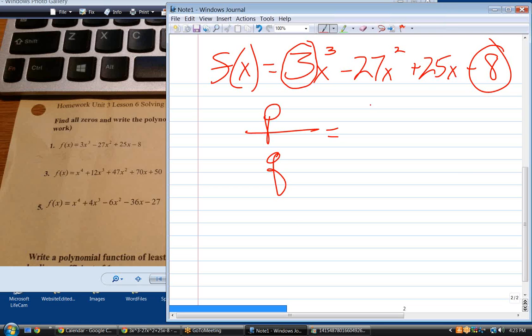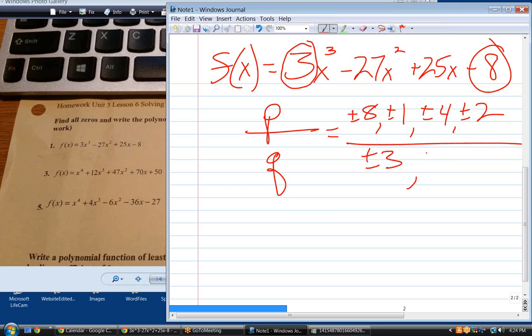So that would give me plus or minus 8, plus or minus 1, plus or minus 4, plus or minus 2. Those are all of the factors of 8. In the denominator, it could be plus or minus 3, plus or minus 1, all of the factors of 3.